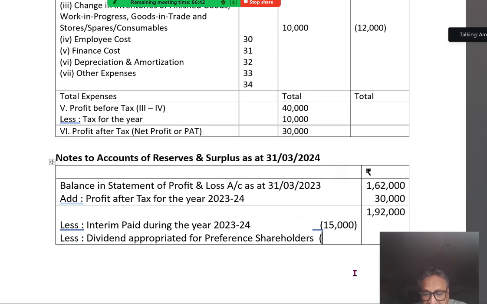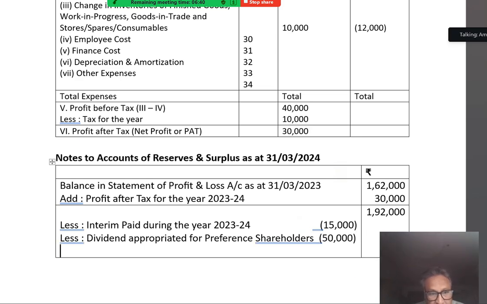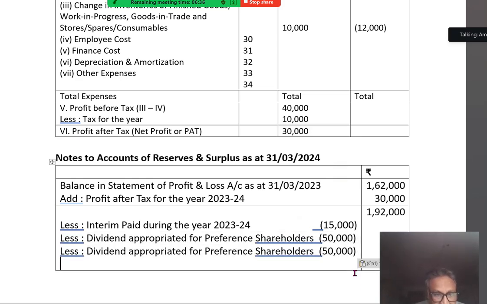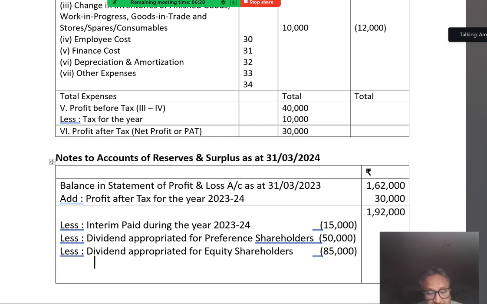Let's say amount is 50,000. We also subtract dividend appropriated for equity shareholders. Let's say that is 85,000. We also subtract transfer to general reserve. Let's say that is 7,000.